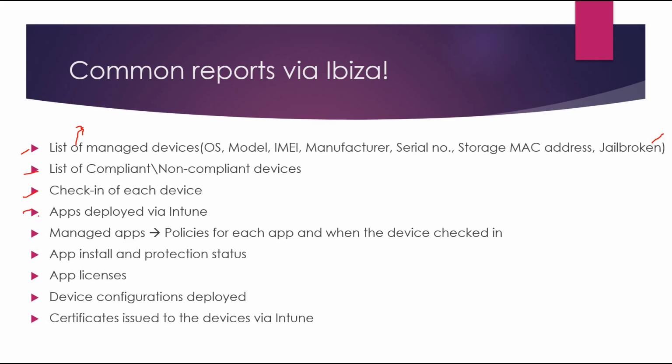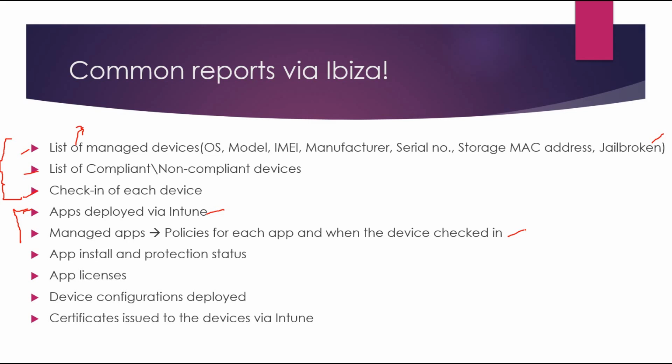We can also get a report of all the applications. That was related to MDM, and now we are talking about the MAM functionality. So with MAM functionality, we are getting a list of all the applications that have been deployed via Intune, all the managed applications. Let's just say that I have a device, and that device is enrolled by a user.